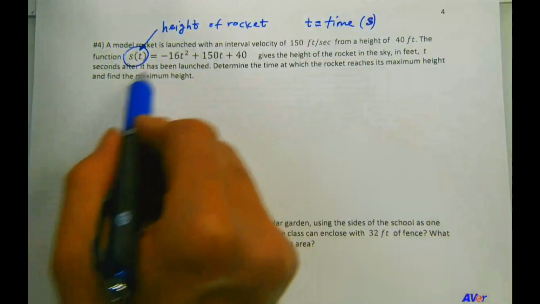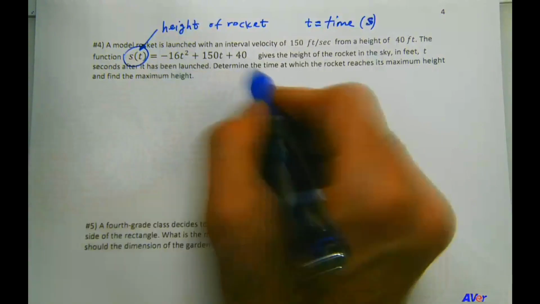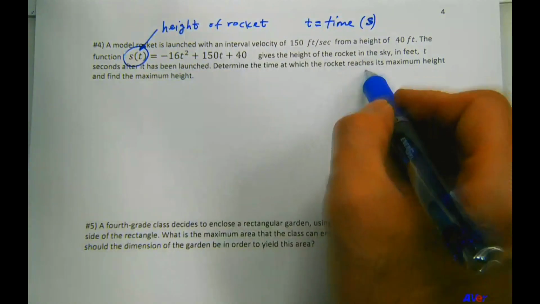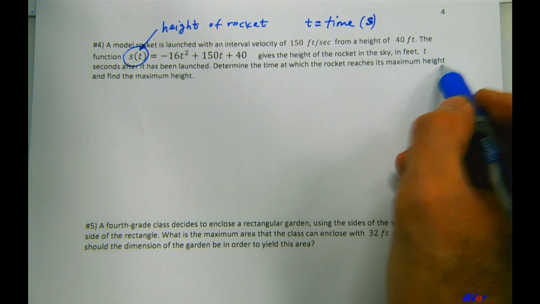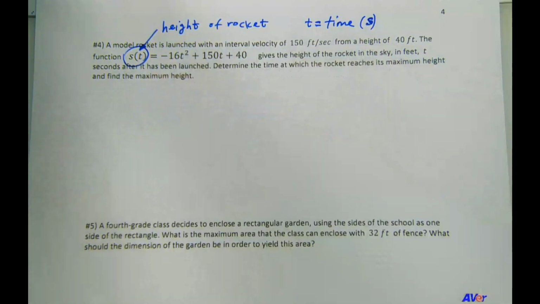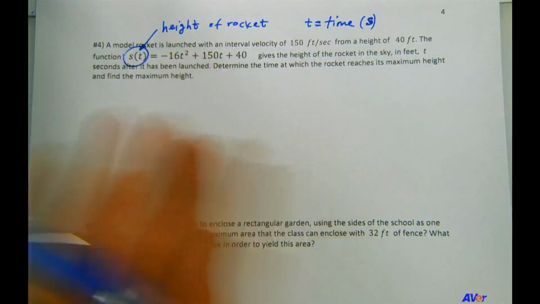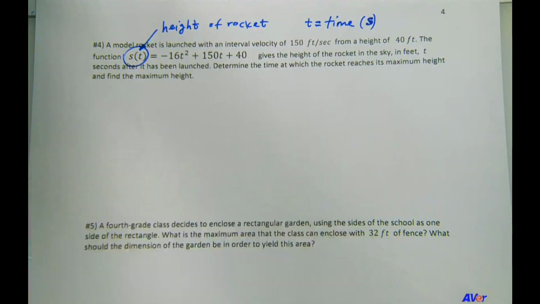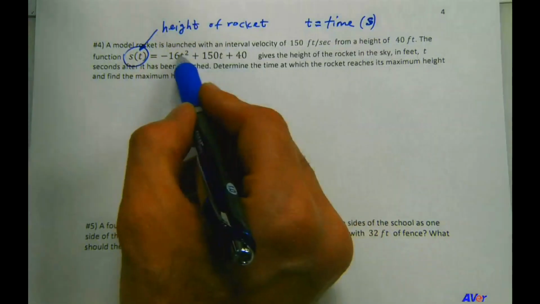So after it has been launched, determine the time at which the rocket reaches its maximum height and find the maximum height. Well, this is just a real-world application of what we already have been doing on the previous sheet. So we have a quadratic equation, don't we?